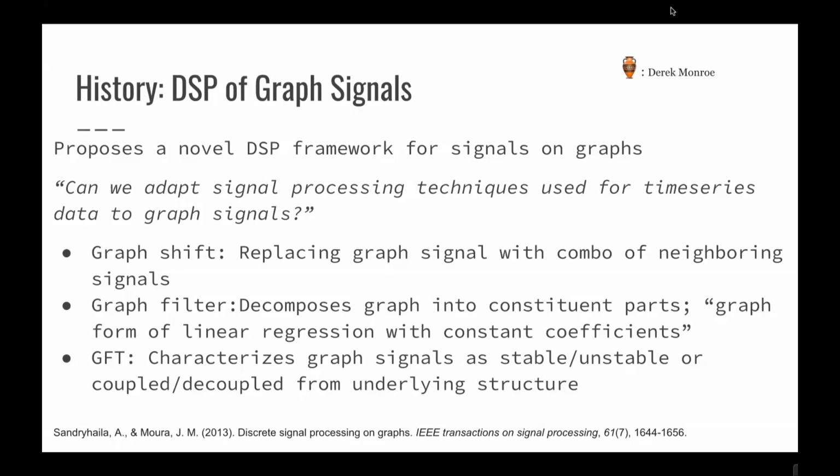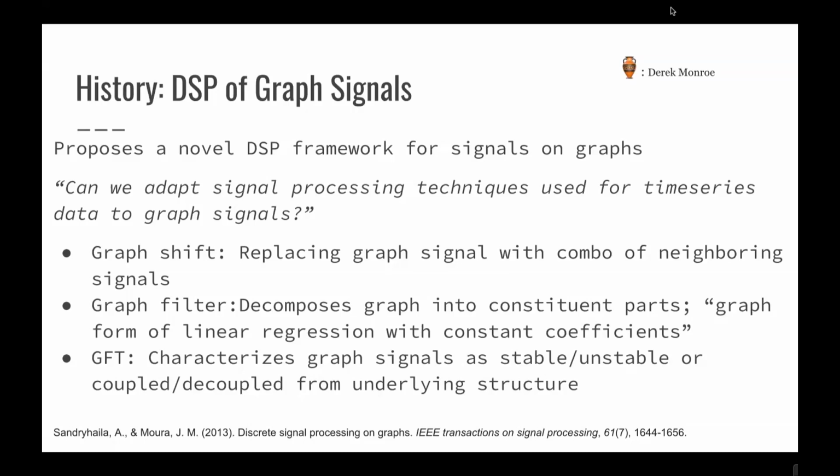So this was my attempt at summarizing what each of these pieces, the shift, the filter, and the Fourier transform, are in plain language. Again, I invite corrections here. Graph shift: we're replacing the graph signal with a combination of neighboring signals. The graph filter: we're decomposing the graph into its constituent parts.